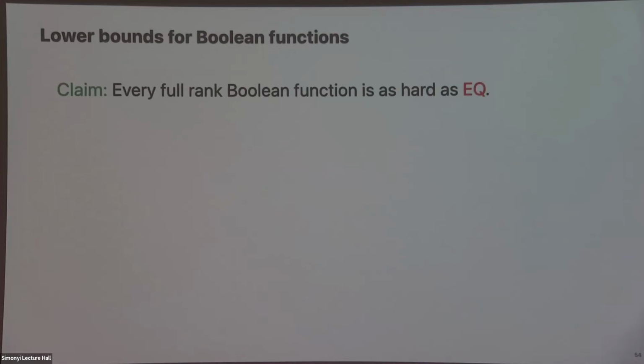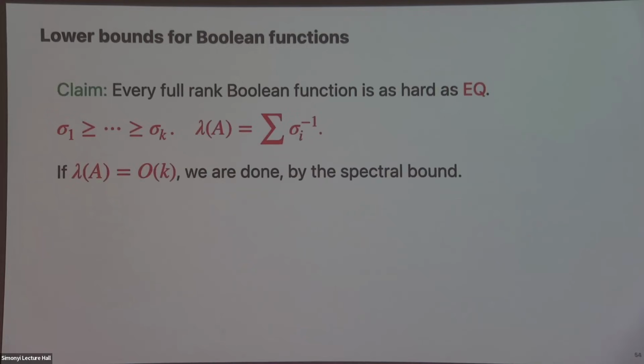And for Boolean functions, we've seen the Hadamard matrix where lambda A is root k. That's the smallest it can be. We've seen identity, where lambda is k, right? So if we were able to prove that lambda A is never much more than order k, we'd be done. We've seen the greater than matrix where it's 2k, right?